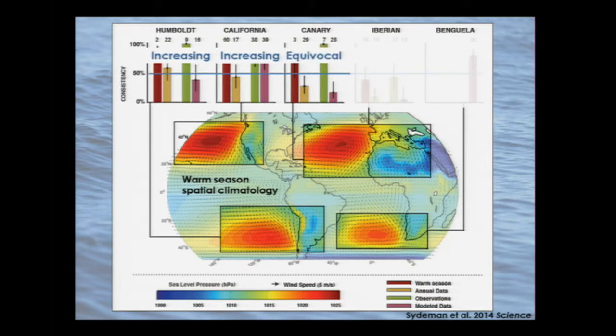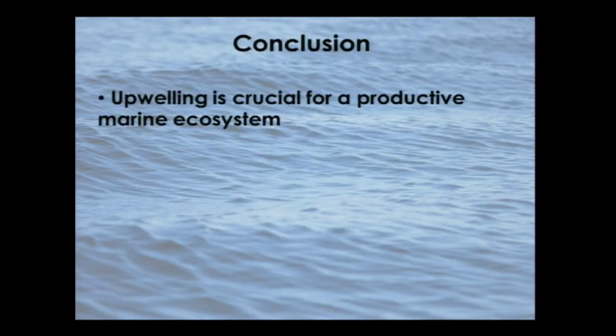So we can say that that's equivocal because we can't say one way or the other. In the Iberian system, we've got 2 bars well below, decreasing winds, inconsistent with the Bakun hypothesis. And in the Benguela system, we only had modeled data from that system, from everybody else's studies, and so they showed increasing winds. So here we've got 1, 2, 3 out of 5 showing increasing winds.